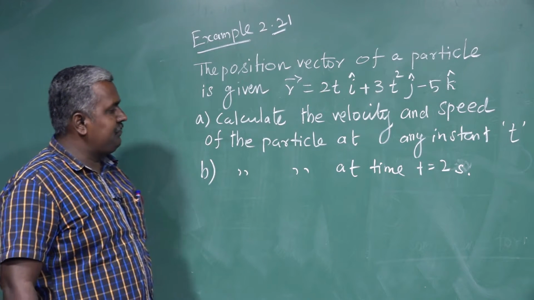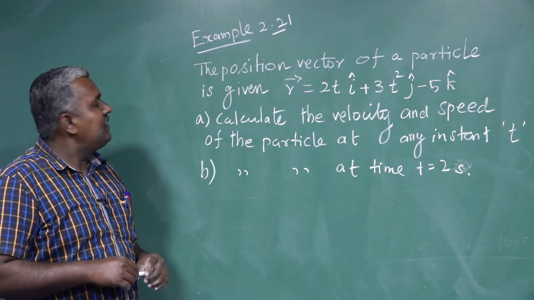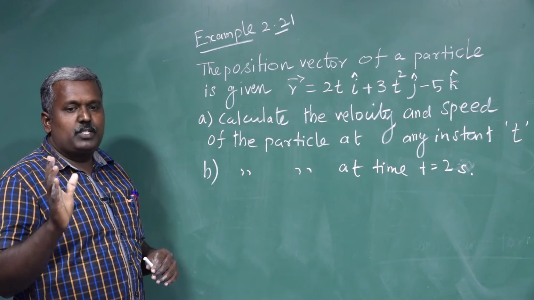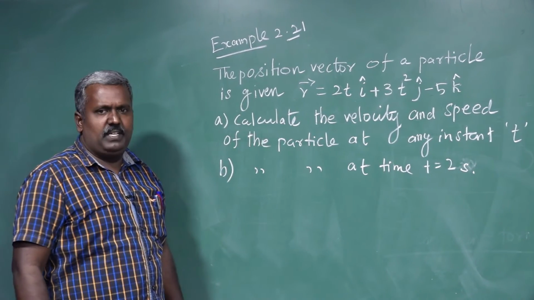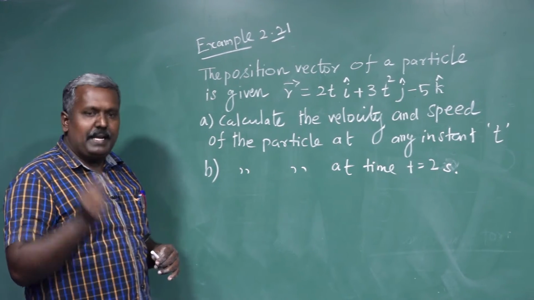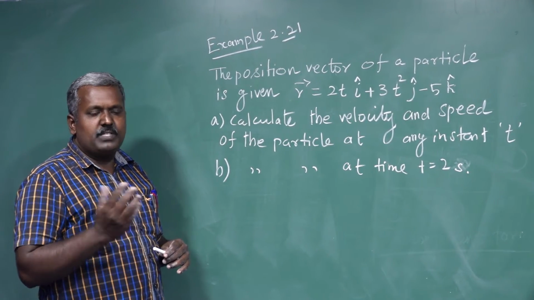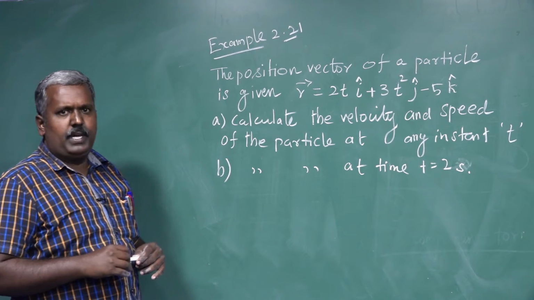First, what are the steps for solving problems? First, you must read word by word thoroughly, extract the data and write it in symbols, find the formula, and then go to the solution.